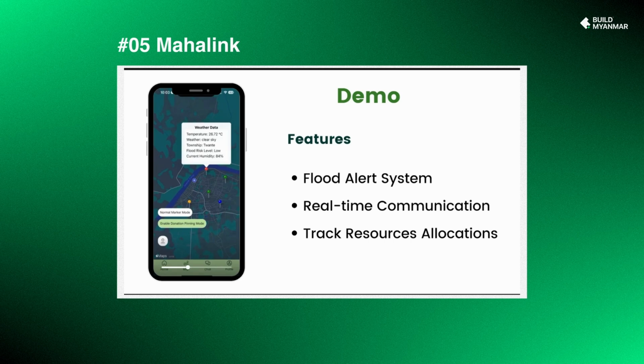This is not just a small feature, it's part of the main feature. What it does is use the previous data and analyze it to show whether that area can be flooded or not.